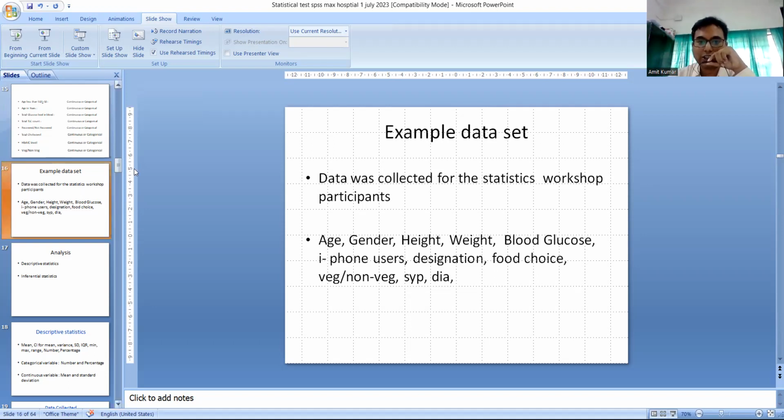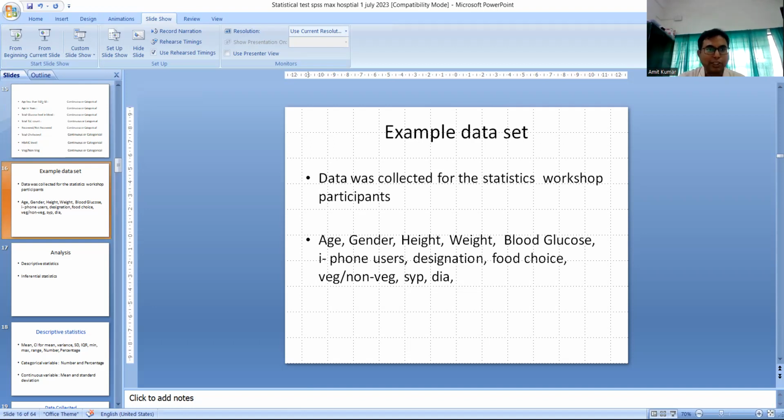So these are the categories in categorical format. Food choice I asked, veg or non-veg, and the systolic and diastolic blood pressure. I asked my workshop participants to fill in these data. I have the data with me in an Excel sheet. I will first show you the Excel sheet so that you can see how we enter the data.